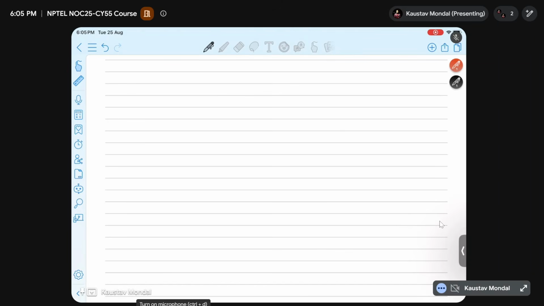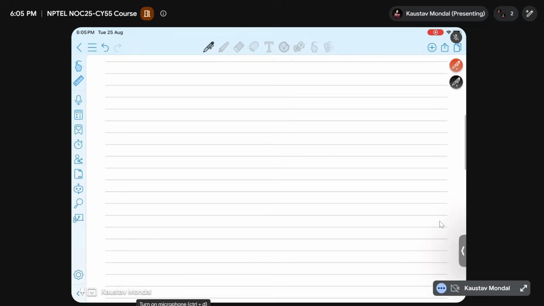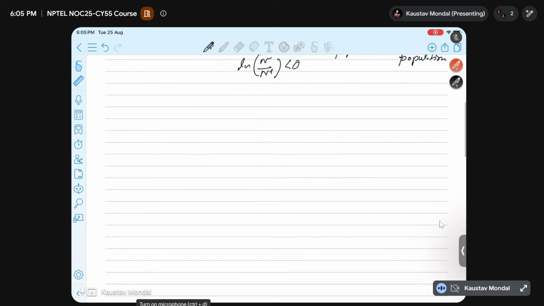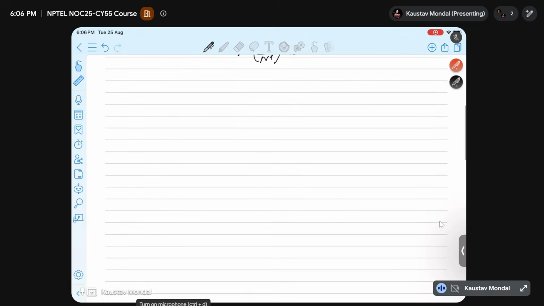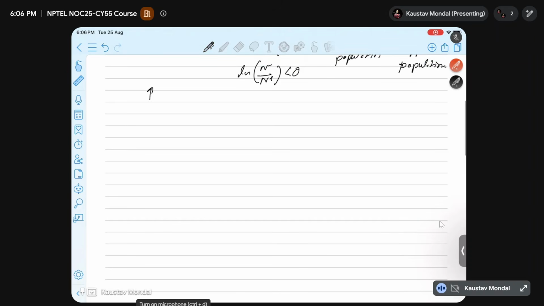Because of that, we have discussed the process in the context of spin particles. We know that spin particles have two types of orientation: either it's in the up state or it's in the down state.